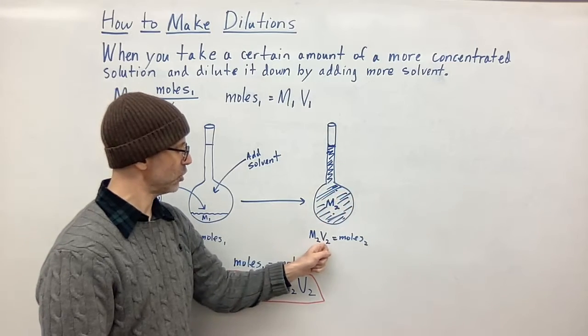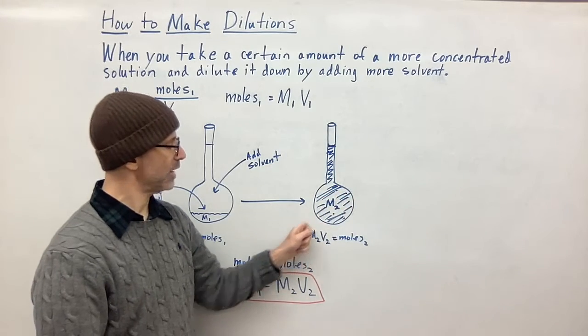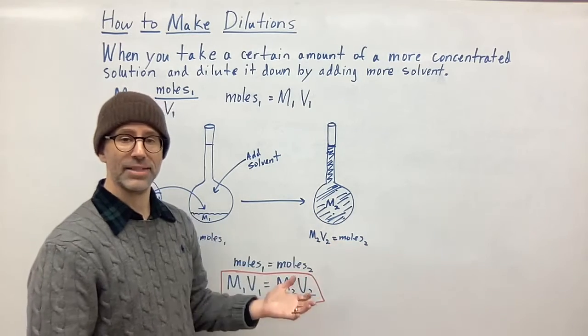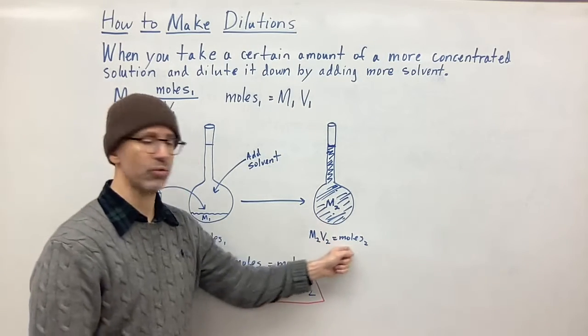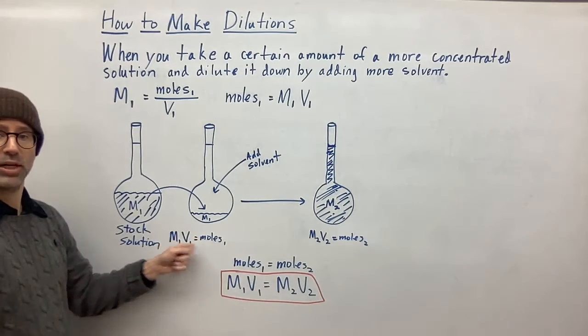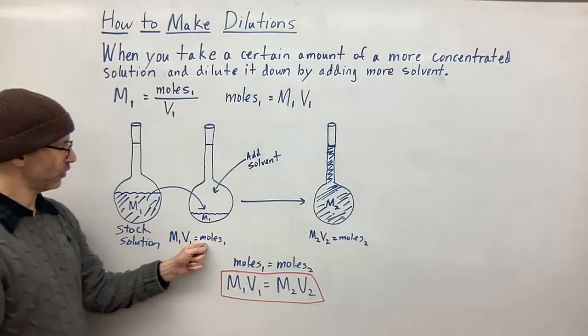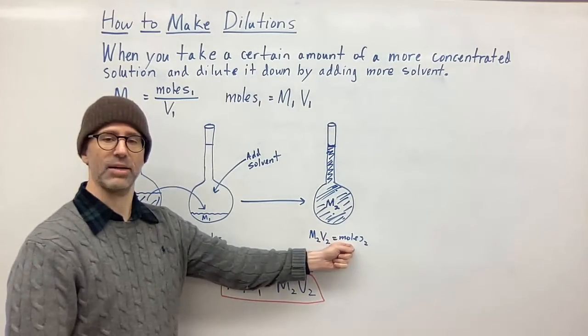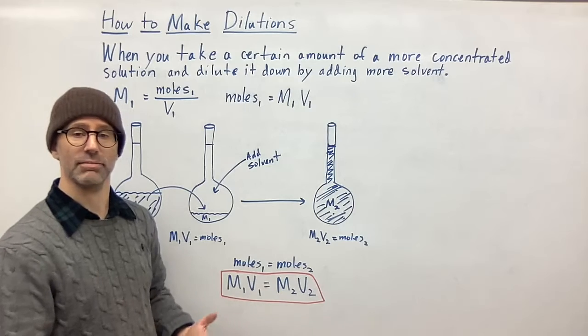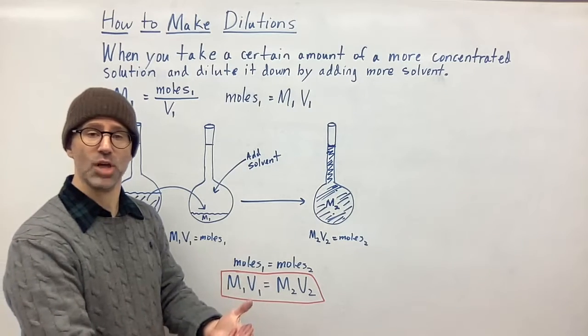That would give me my moles. But as I just said, the number of moles here is equal to the number of moles here. The moles I start with and the moles I end with are exactly the same, because all I did was dilute it. I just added more solvent.